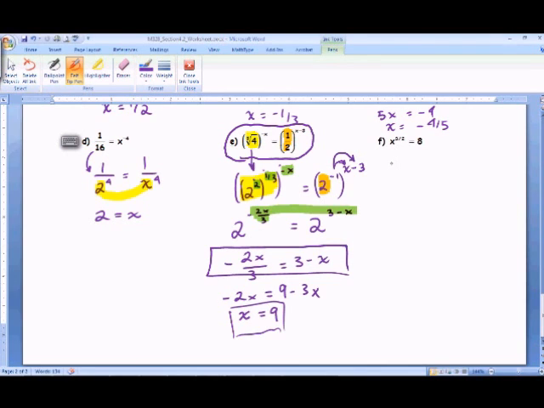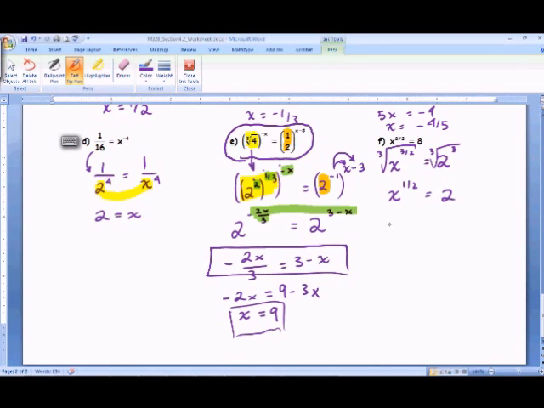Probably the easiest one to do is to say x to the 3/2 equals 2 to the 3rd power. Okay, well then it seems like it would be a clever idea to take the cube root of both sides. So if I take the cube root of both sides, I get x to the 1/2 power is equal to 2.